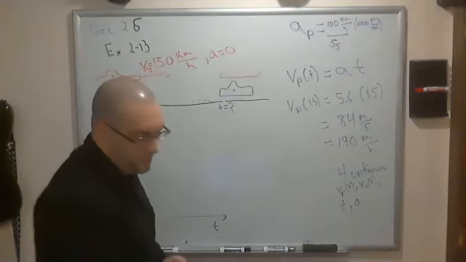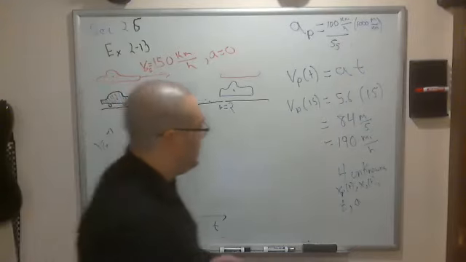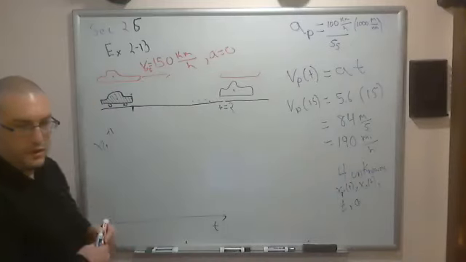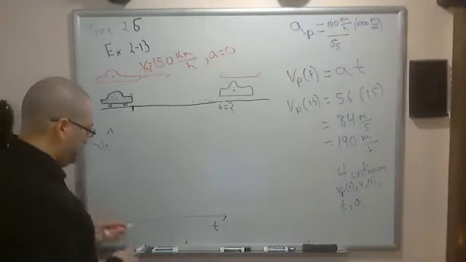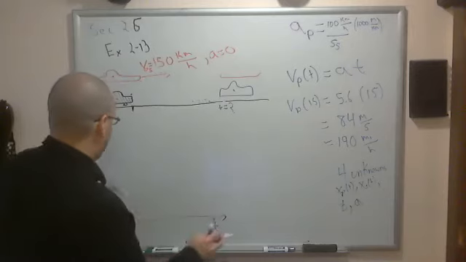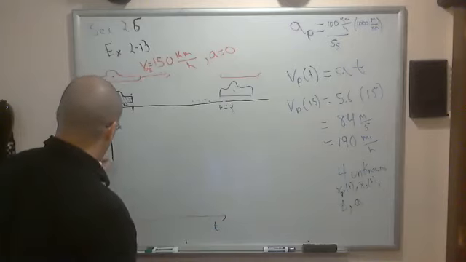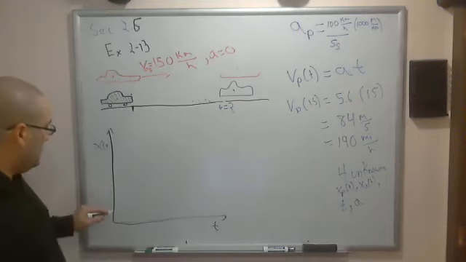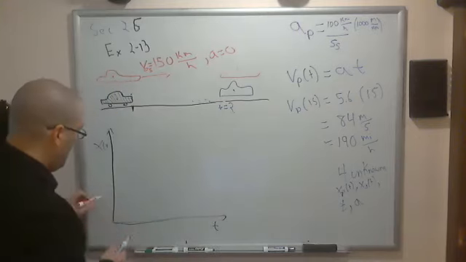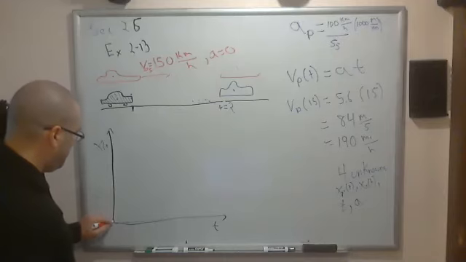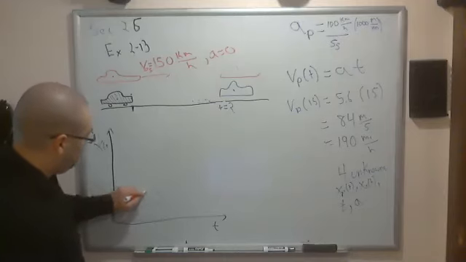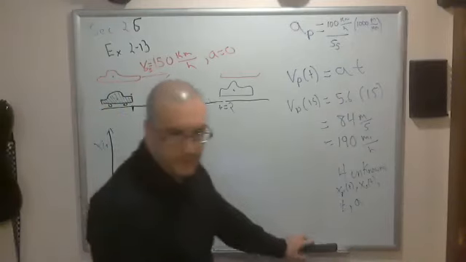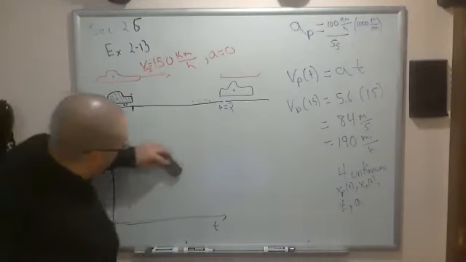The speeder is going at a constant velocity, so the speeder will just be a straight line, right?